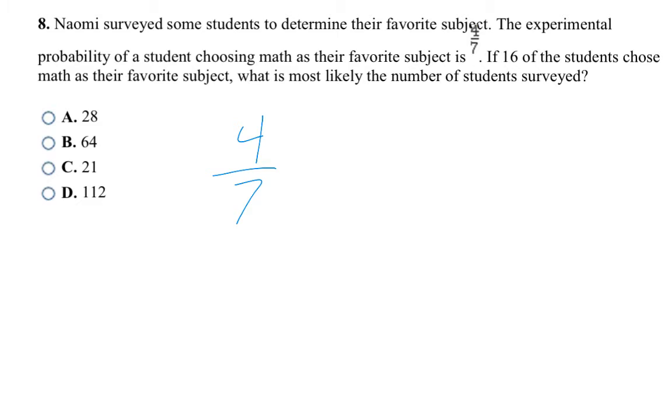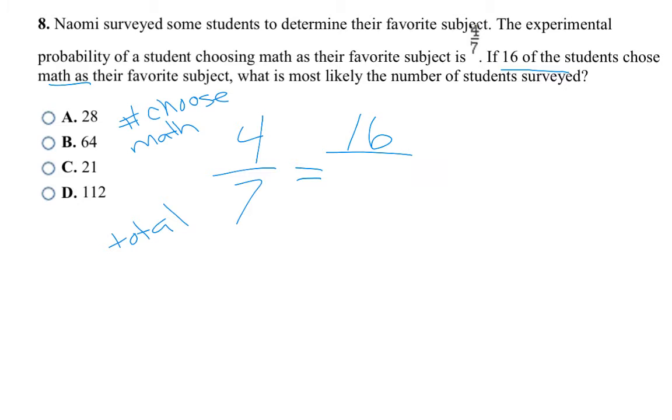And we know 4 is the number of students that chose math, and 7 is the total. So I went ahead and wrote that on the side here so I can keep everything straight. So I'm going to set that equal, and it says if 16 of the students chose math as their favorite subject. So since they chose math, that's going to go up here with the 4.